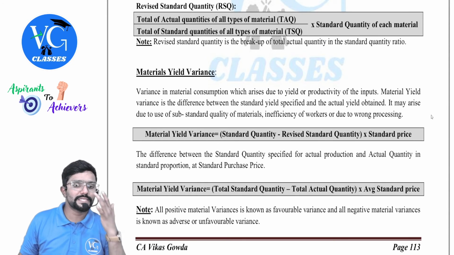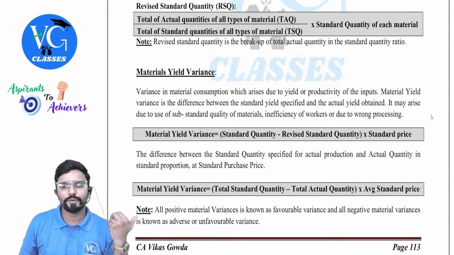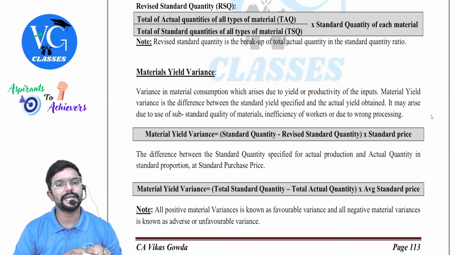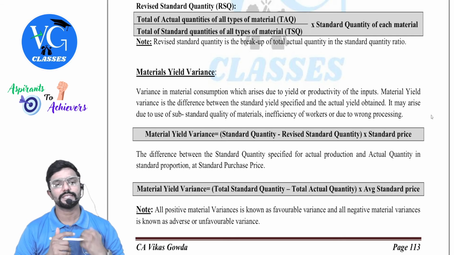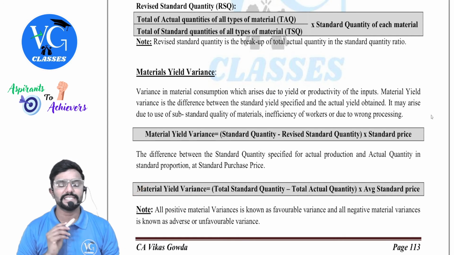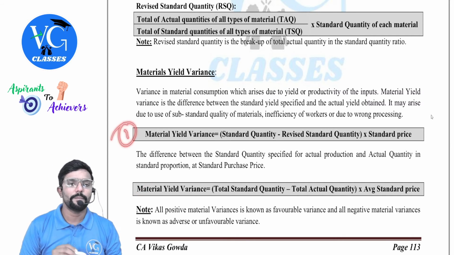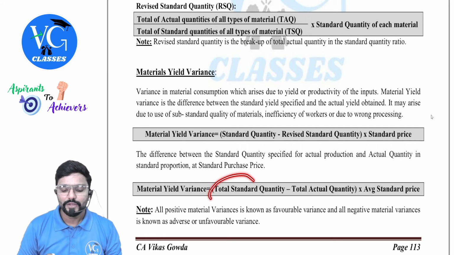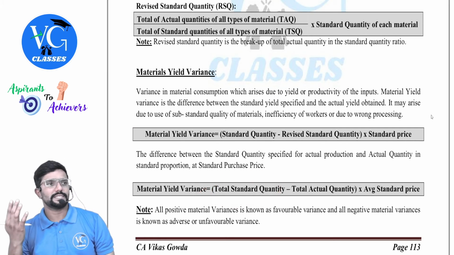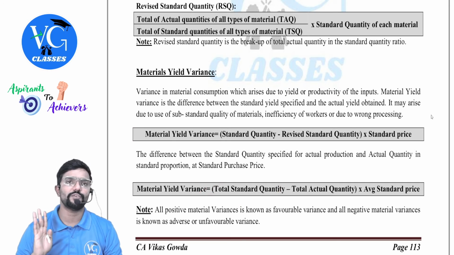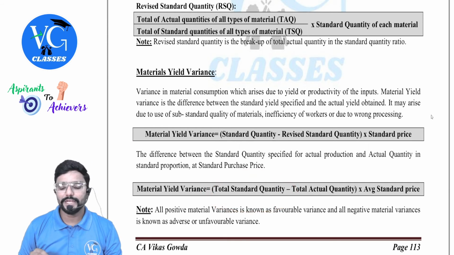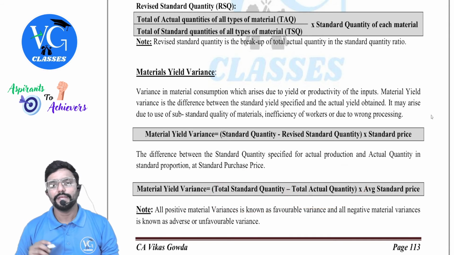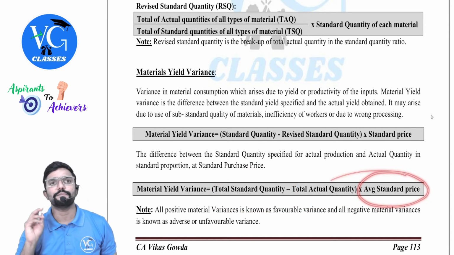It is the difference between the standard quantity specified for actual production and actual quantity in the standard proportion, at standard purchase price. Next, we have one more alternate formula. I suggest you go with the earlier one, but if by chance you are given the totals, you can alternatively use this formula also. Total standard quantity minus total actual quantity into average standard price.